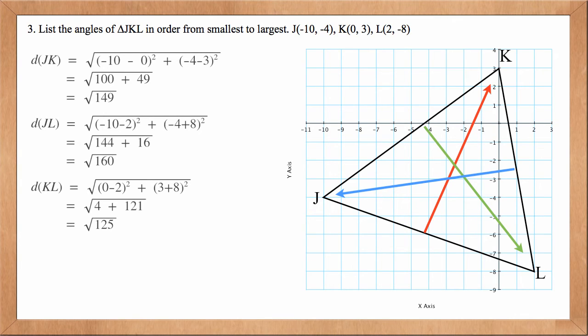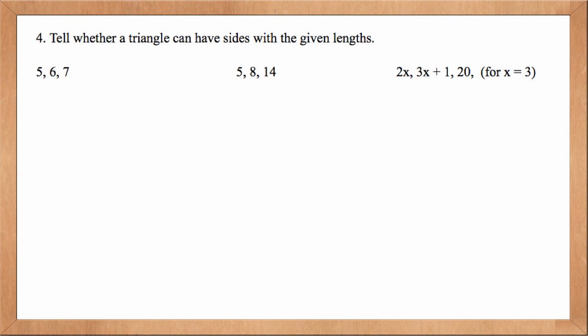The opposite angle from segment KL is angle J, so that's the smallest angle. So that means that angle J must be less than angle L, and that has to be less than angle K. That's how we figure out how to order the angles from smallest to largest.